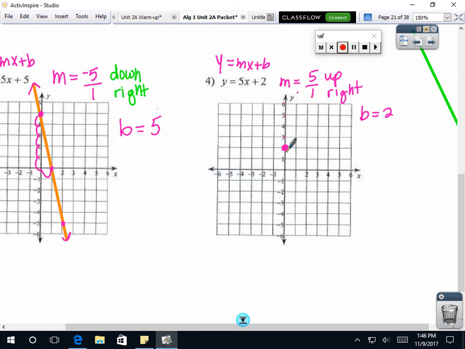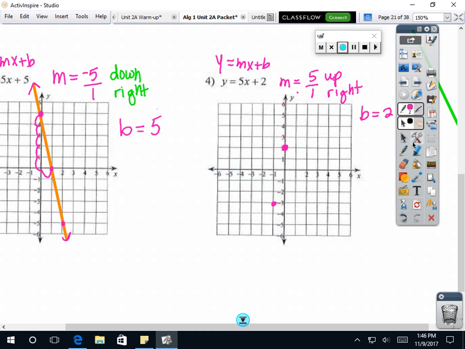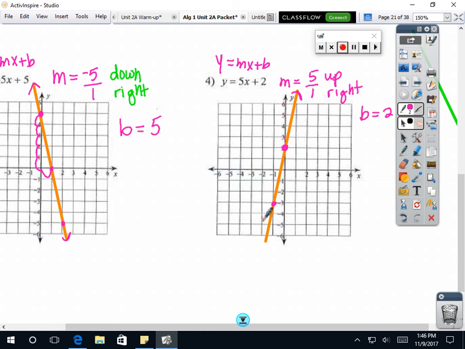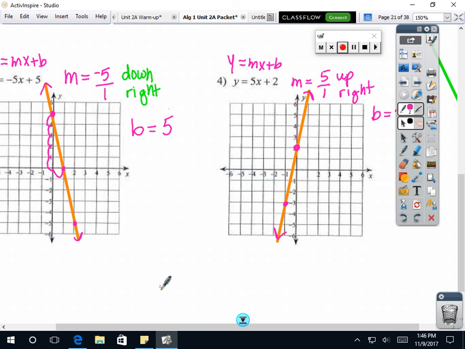So instead we should have gone correct. Okay, then you connect those points with a line. And it's okay to plot a point off the graph. If it barely goes off and you know exactly where the point should be, you can plot it. That's fine. Now, out of those two, which line is steeper?